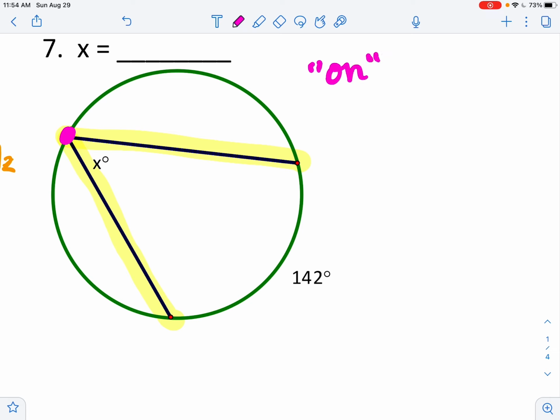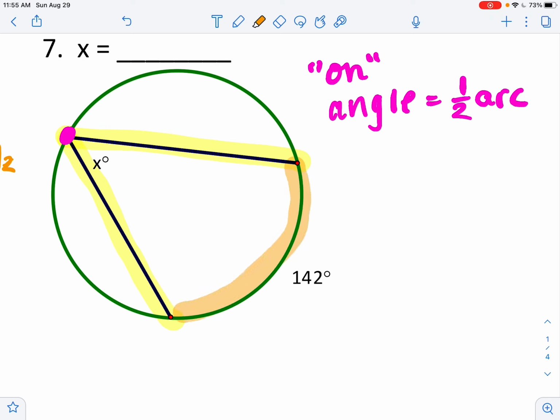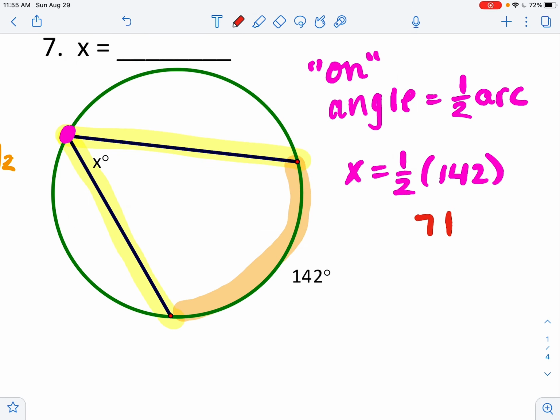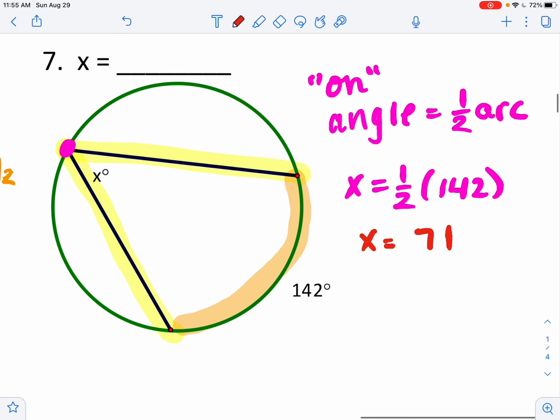So the equation for an angle that is on the circle is angle equals 1/2 arc. Well, the arc that goes with this angle that it looks like it's going to eat is this arc right here. So when I plug in, our angle is x equals 1/2 times the arc is 142. All right, for this one, I just need to simplify. 142 times 1/2 is 71. So x equals 71.